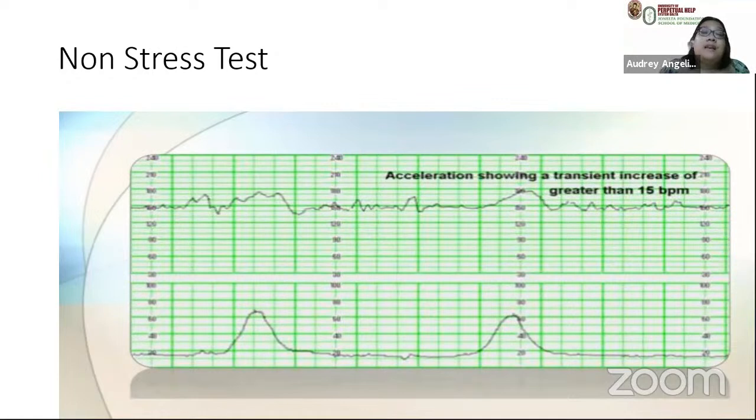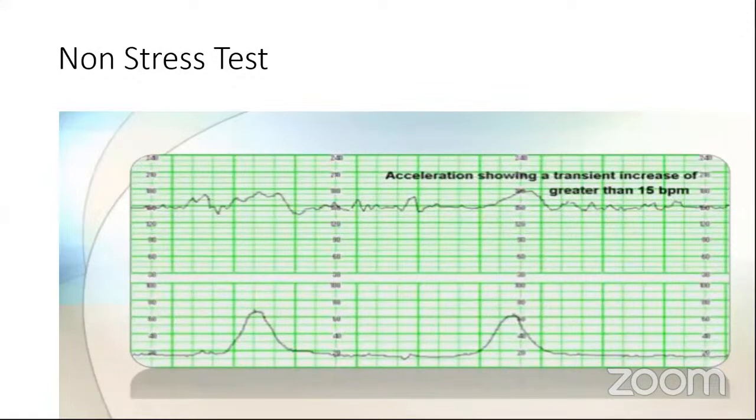What should be the range of your fetal heart rate? 110 to 160. All right. Okay. What else could this non-stress test give you? Acceleration and deceleration.